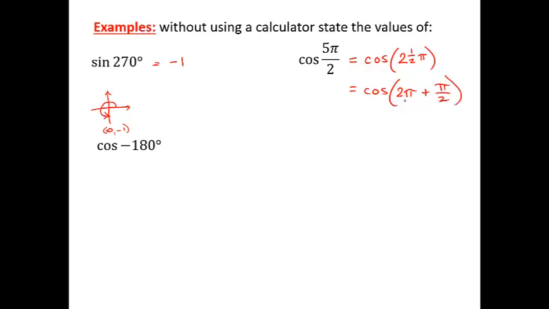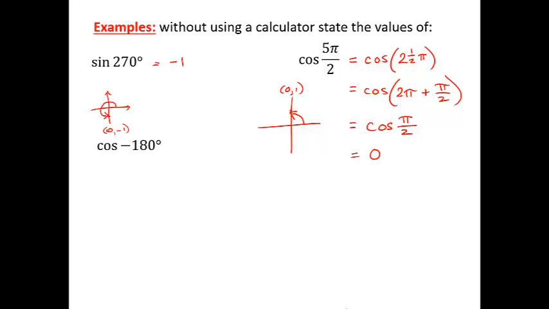Now we know though that the cos of 2 pi plus any angle is just going to be equal to the cos of that angle. In this case, pi over 2. So pi over 2 we know is 90 degrees. So the cos of 90 degrees, or pi over 2, is going to be equal to the x-coordinate at that point. That's the point 0, 1. So the cos of 90 is going to be equal to 0.